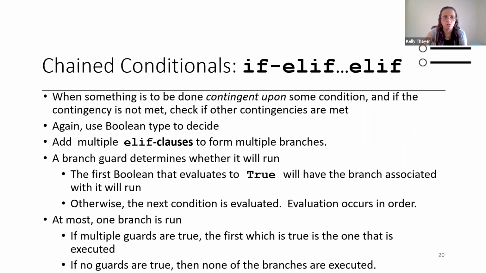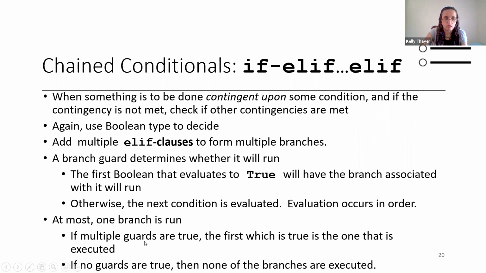The first Boolean that evaluates to true will have the branch associated with it run. Otherwise, the next condition is going to be evaluated, and evaluation will occur in order from top to bottom. At most, only one branch is run, and this is true even if more than one branch in fact evaluates to true, and that's because the first branch that evaluates to true is the one which is executed.